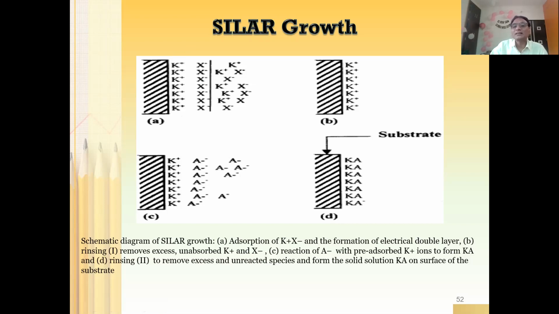As a result of that, you will have only cations on the surface, and then this substrate along with these cations is going to be inserted into the other beaker which has the anionic solution. So these anions are going to be introduced to the system. You can see those negatively charged anions are introduced, and there will be a reaction between cations and anions.